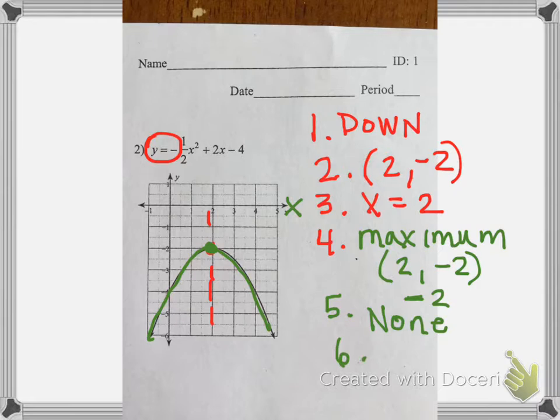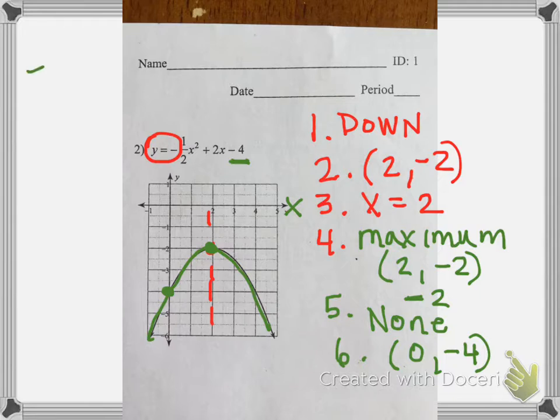You can either know it's -4 because it's the c value, or it's the -4 right here on the graph. So you write x is 0, y is -4. That's the y-intercept.